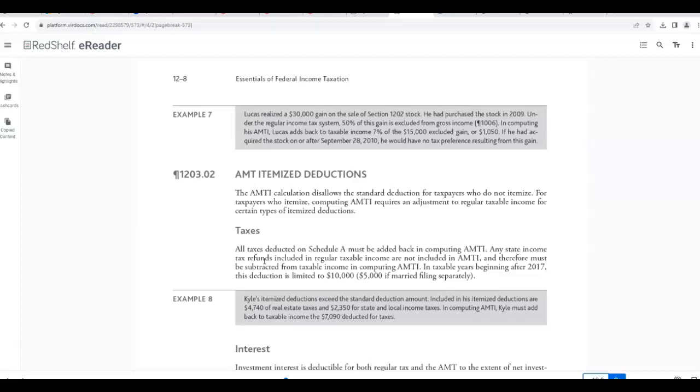No, this year you have to show it as income. But that's only if you itemize, right? Only if you itemize, yes.